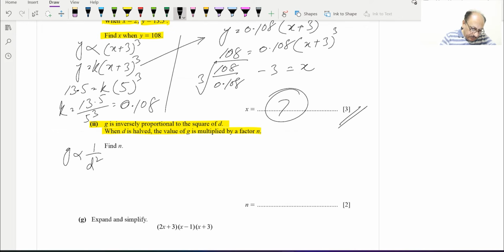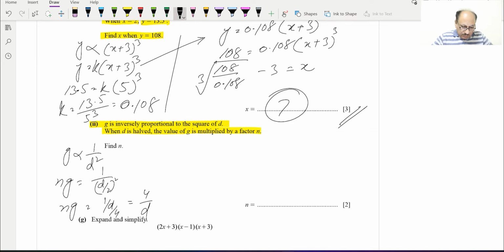So d halved means ng is equal to 1 over d by 2 squared. This is how we are halving it, and we can write ng is equal to 1 over d squared by 4, which can be written as 4 over d squared.